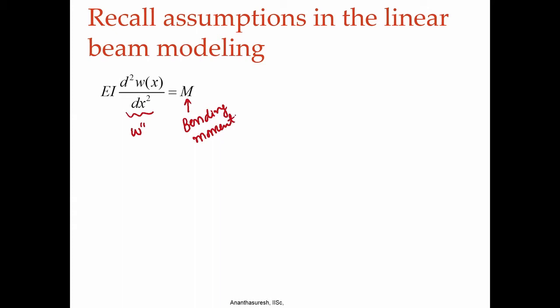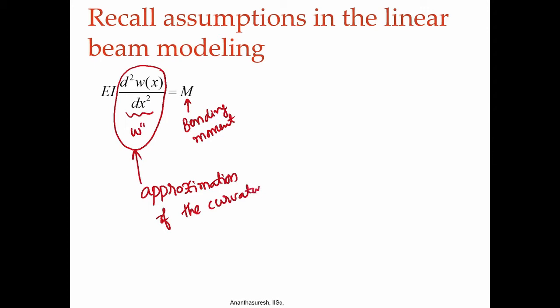This is what we call Euler-Bernoulli theory, where we say that this particular quantity W double prime is actually an approximation of the curvature.